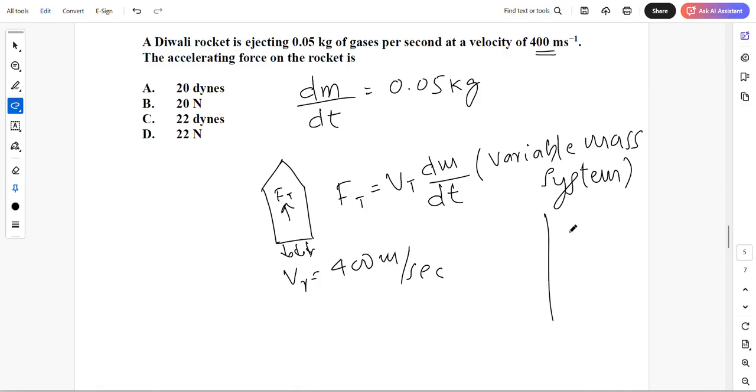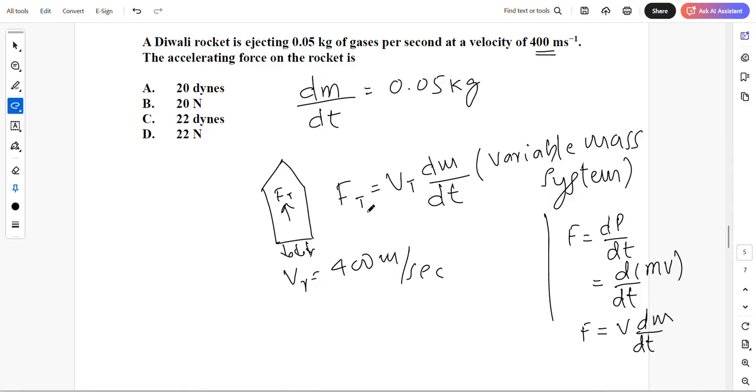Because what is F? dp by dt. That is equal to dp by dt into m. Right. I can write it outside, and we hope you understood.